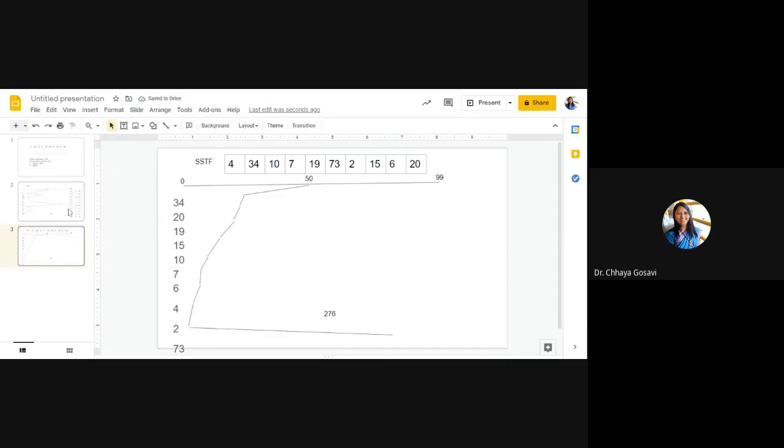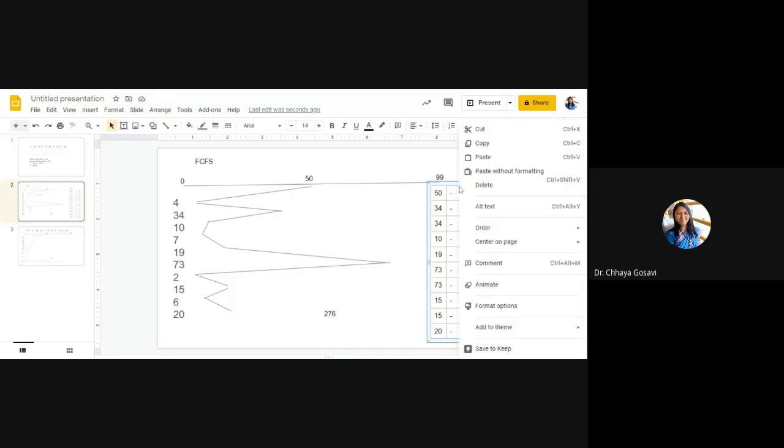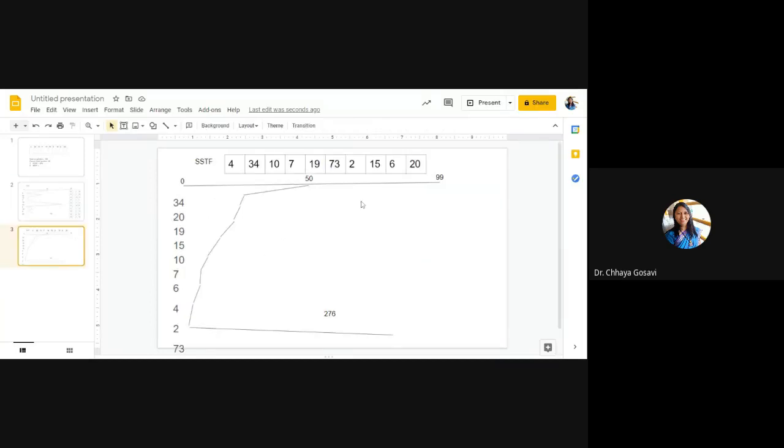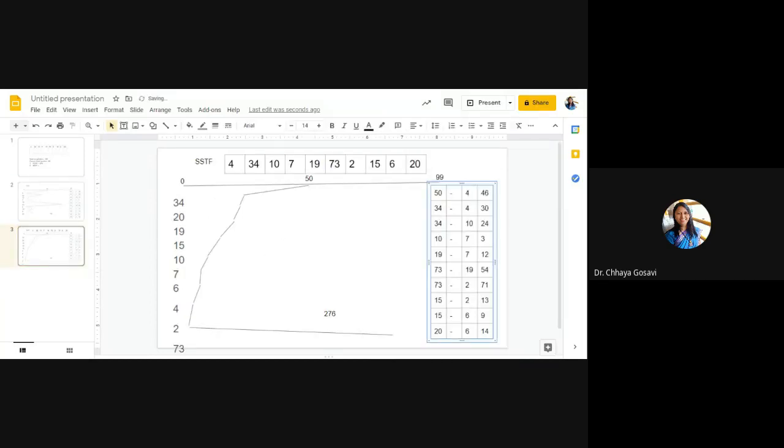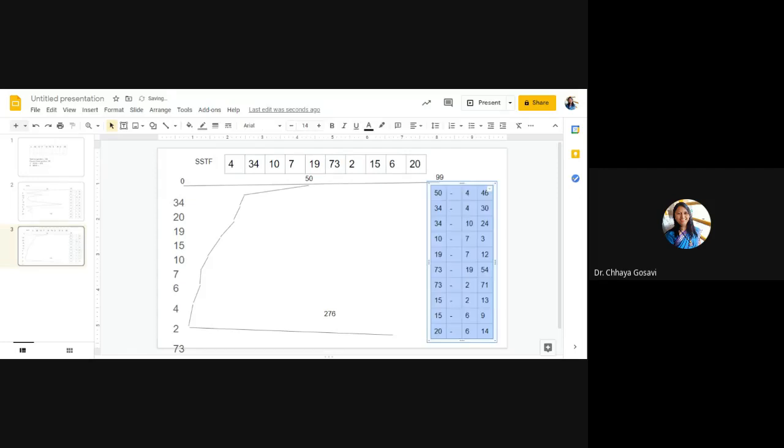Calculate total distance traveled. From 50 to 34, 50 minus 34, 16. Then 34 to 20, it is 14.